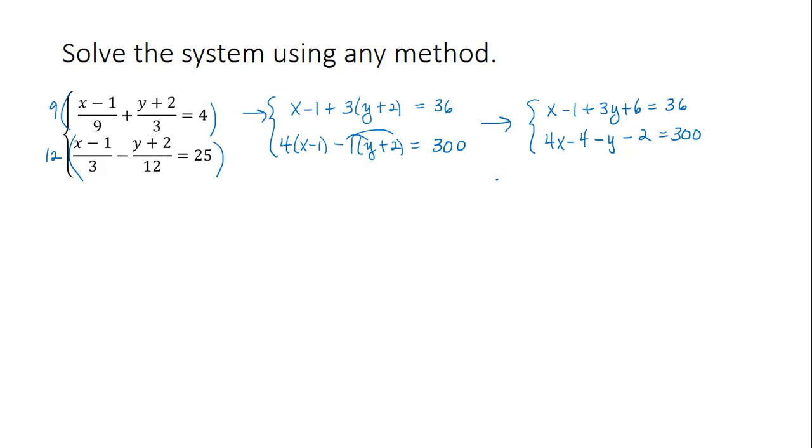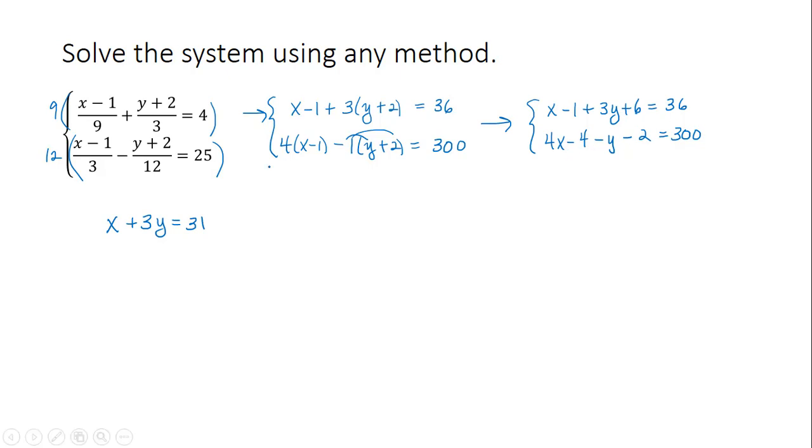So then we need to rewrite each equation in standard form, which is ax plus by equals c. And when we do that, notice that x minus 1 plus 3y plus 6 equals 36 is equivalent to x plus 3y equals 31. Right, because negative 1 plus 6 is 5, and then we would subtract 5 from each side.